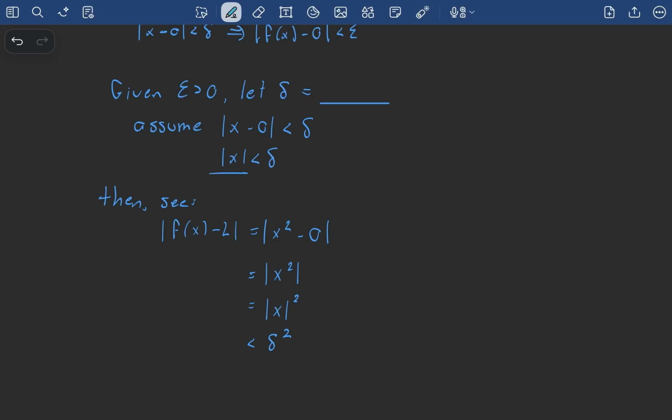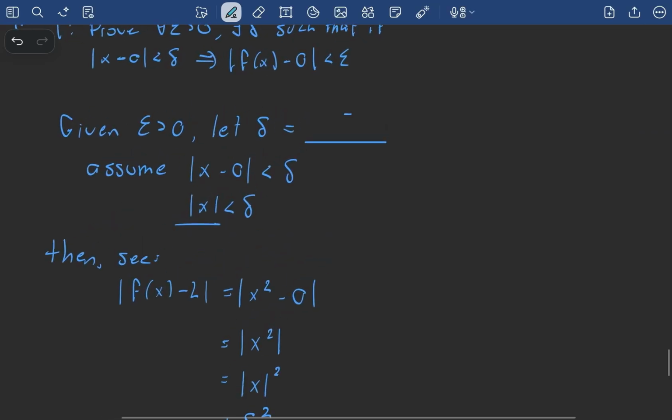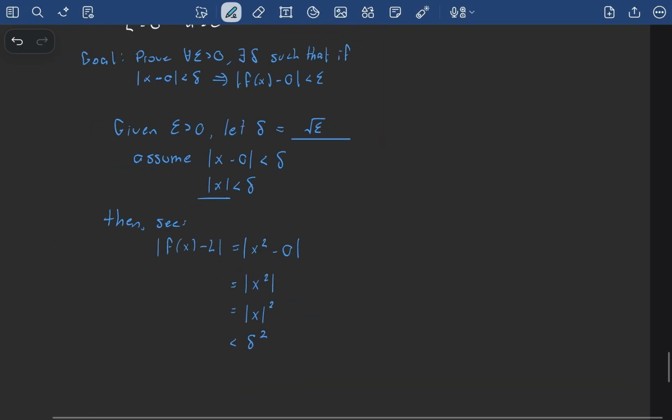And so now, by doing this chain, we have that our absolute value of f of x minus L is less than delta squared. And since we can pick whatever we want for delta, we can just pick something that will turn delta squared into epsilon. And so we can just pick delta to be the square root of epsilon.